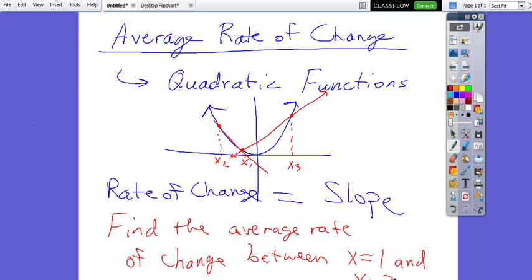They'll always ask you to find the average rate of change between x values. Now, I didn't list any specific x values in this illustration. So we're going to go to the next slide, and I'm going to put some specific x values on our quadratic function, and we're going to find the rate of change between those particular x values. The x values, x equals 1 and x equals 3.